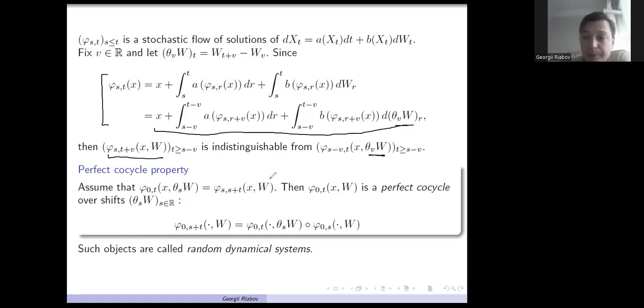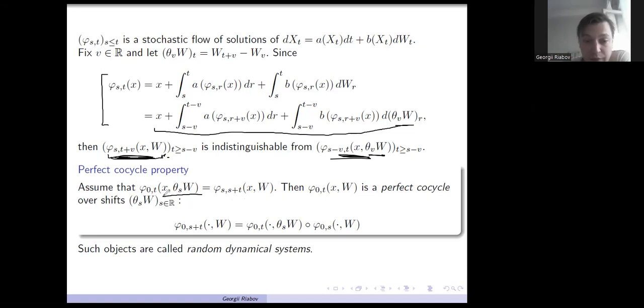If we assume that we have more than just indistinguishability, if we assume that actually these processes are equal for all realizations of W, for all shifts, for all time and for all x, then we get what is called a perfect cocycle property.